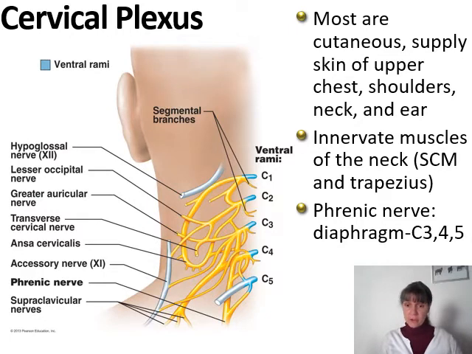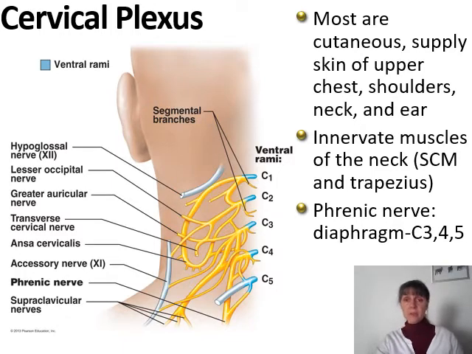Here we have the cervical plexus. The cervical plexus is a network of nerve fibers that are produced by the ventral rami of C1 to C4. Some books include C5. Please don't get caught up in, is it C4 or C5? I usually don't go by numbers.